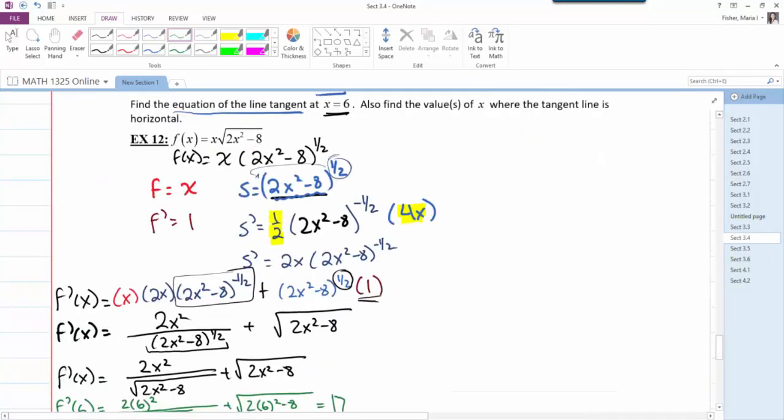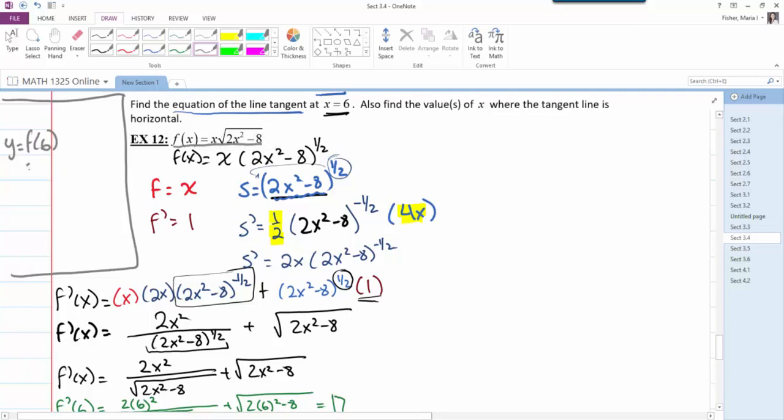Now remember, in order to find the equation of the tangent line, I'm going to have to also find what the value of y is. And since I'm running out of space, I'm going to try to find the value of y over here in the left-hand corner. And then we'll find the equation of the tangent line. Now remember, y is going to be whatever f of 6 is, which means I'm plugging 6 into my function here.